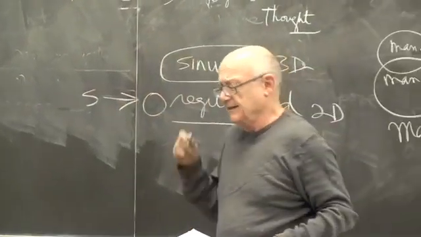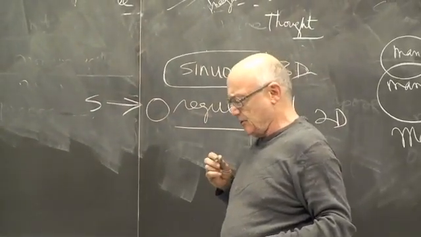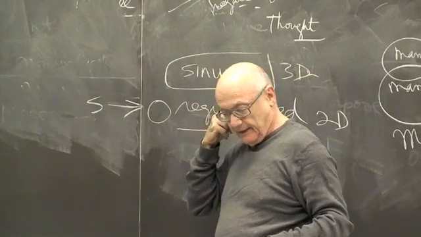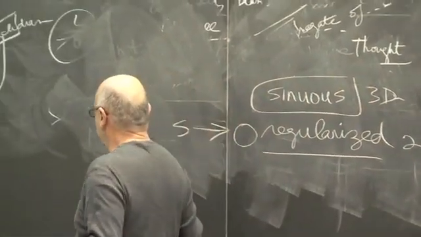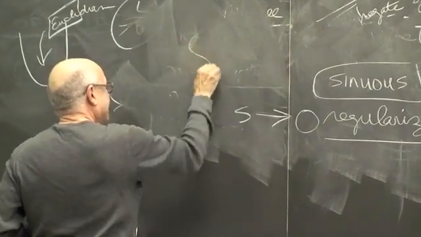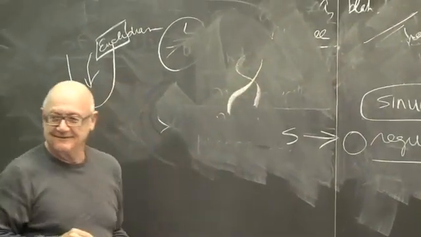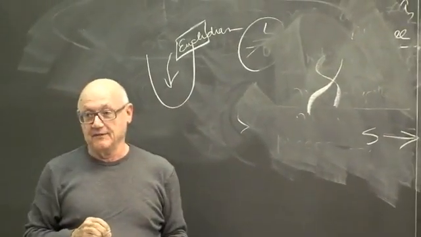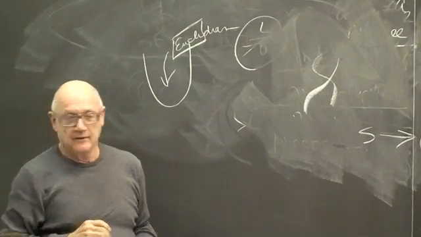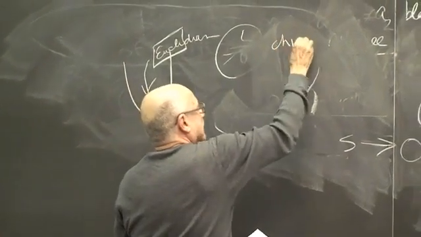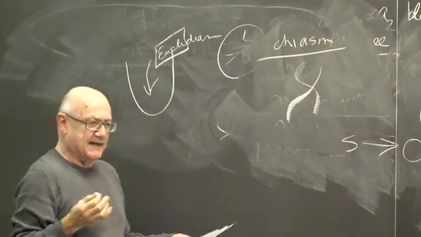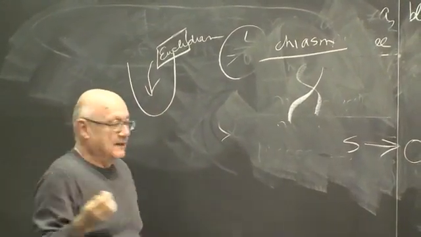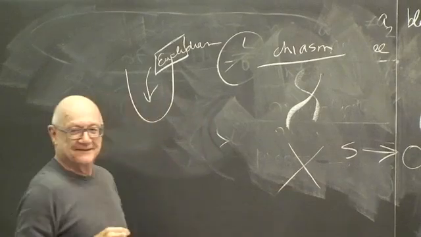Another figure that Mallin uses, I wish I could get into it more, but I don't understand it well enough, and also there's no time, but I should at least mention it. He talks about the contrast between the Greek letter chi, and he takes this not from Heidegger, but from Merleau-Ponty, who writes about the chiasm. The contrast between the Greek letter chi, is that how it's pronounced, or chi, and our Latin x.